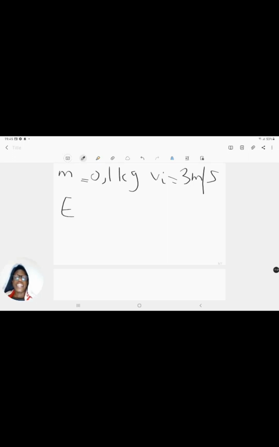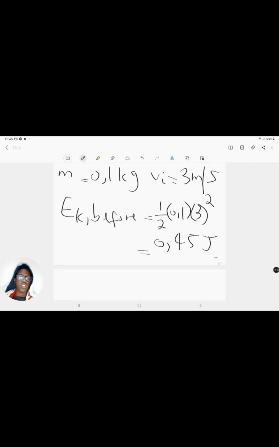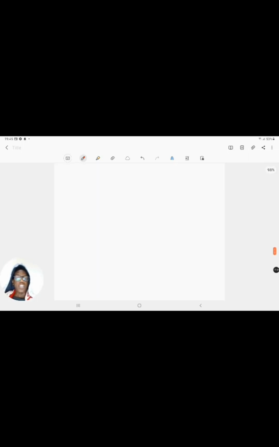So the kinetic energy before collision is equal to half mass, which is 0.1, times v, which is 3 meters per second, squared. If you punch this into your calculator, you'll get 0.45 joules. So this is the energy that your ball had before bouncing off the wall.